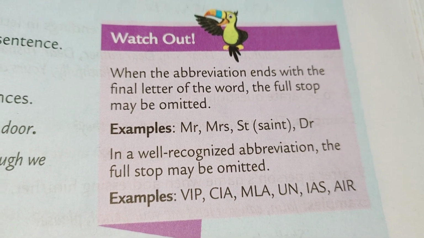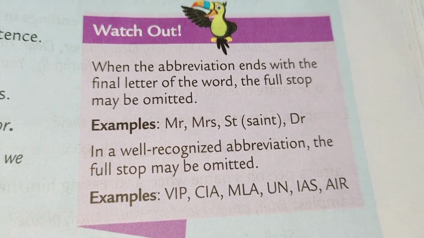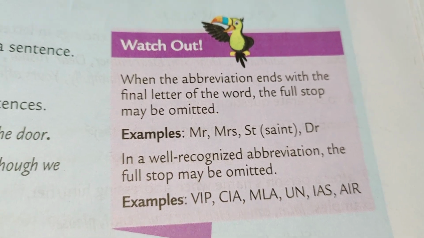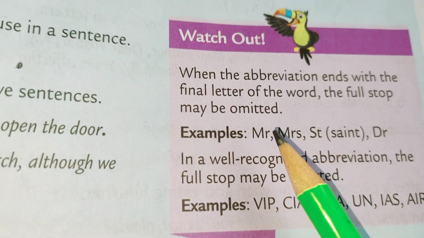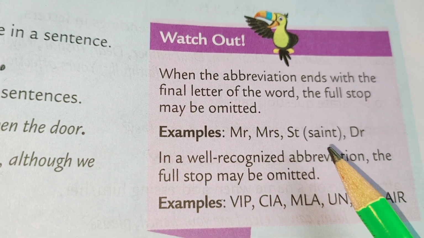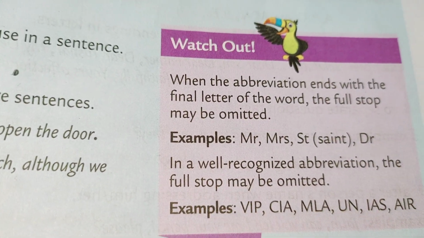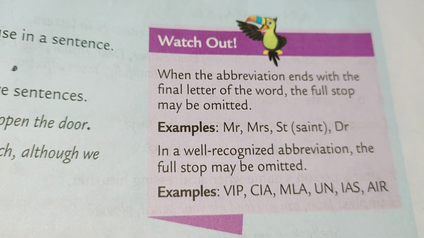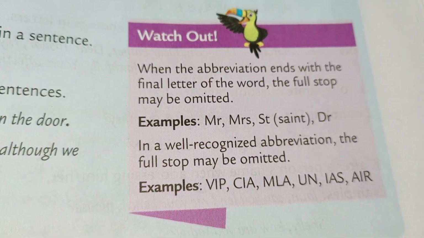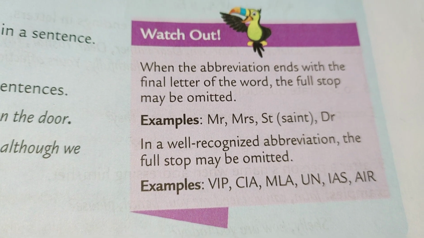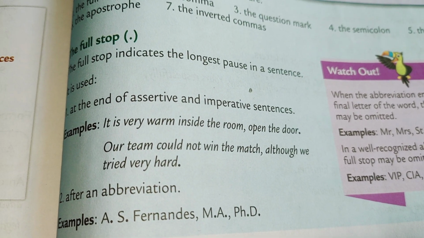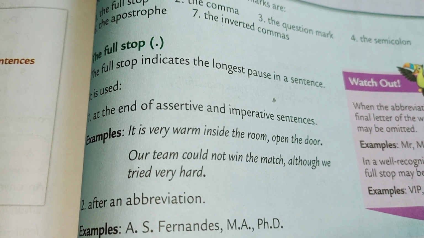So in this case we do not have to necessarily use the full stop. It can be omitted or it can be avoided, like Mr., Mrs., St. So all these are ending with the last letter of the word, so therefore we can avoid the usage of full stop in such cases. So students, that's all for the first part of the explanation of this chapter.